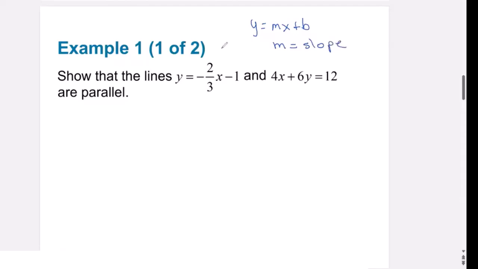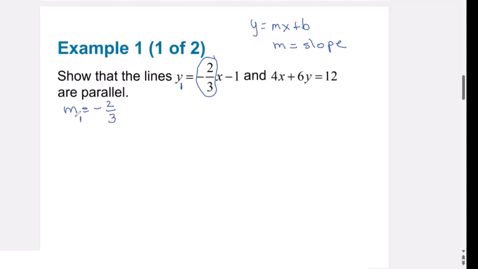So here is my slope for this line. I have one slope here, which is -2/3. I'll call this the first slope.